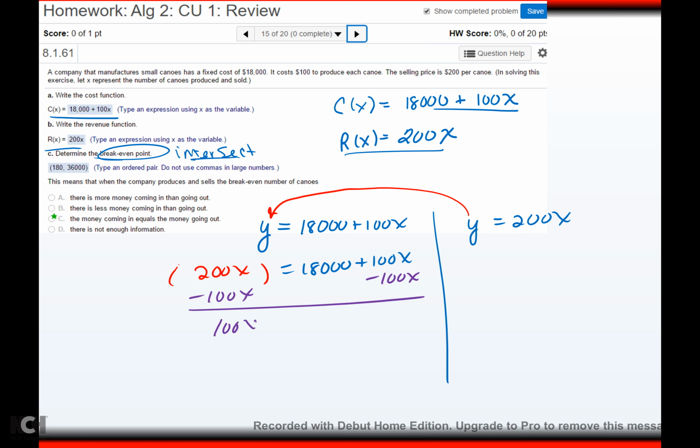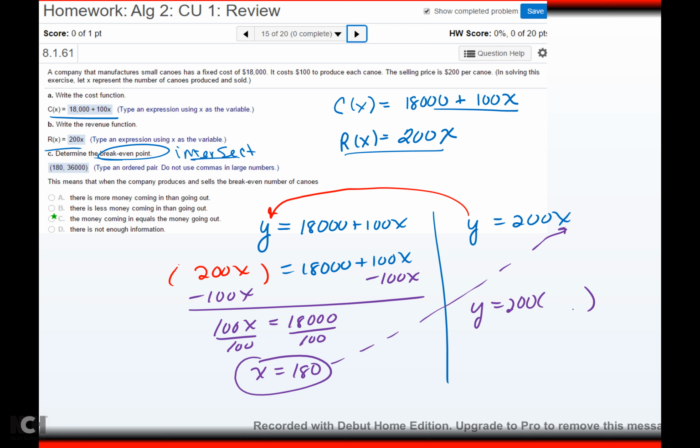That gives me 100x equals 18,000. Divide by 100, and x equals 180. Plug it in over here, I get y equals 200 times my x value that I just found was 180. Multiply, and I get y equals 36,000.